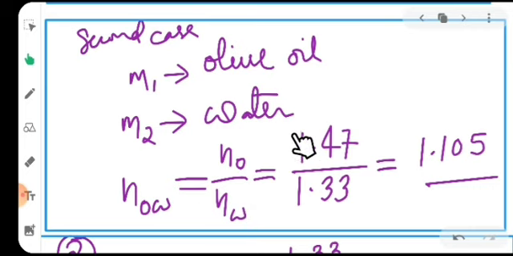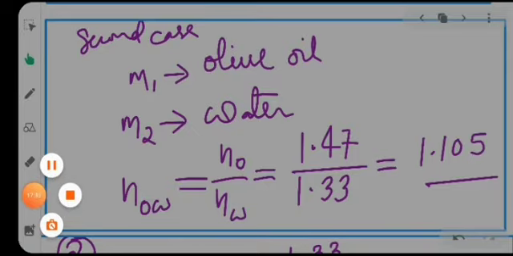It was 1.47 for olive oil and 1.33 for water, and doing the ratio we find it is approximately 1.105. See, here the relative refractive index is greater than 1. In the previous case it is less than 1. So it can vary. So that's how the solution is done.